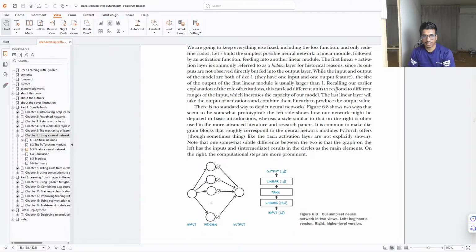It is common to make diagram blocks that roughly correspond to the neural network modules PyTorch offers, though sometimes things like the tanh activation layer are not explicitly shown. Note that one somewhat subtle difference between the two is that the graph on the left has the input and the intermediate results in the circles as the main elements. On the right hand, the computational steps are more prominent.